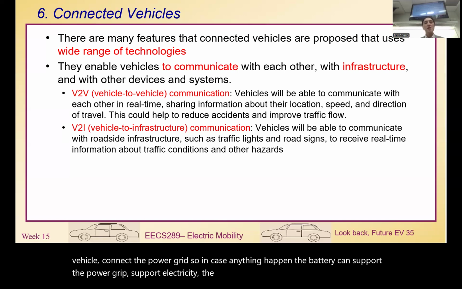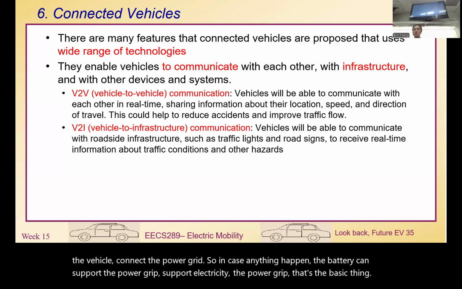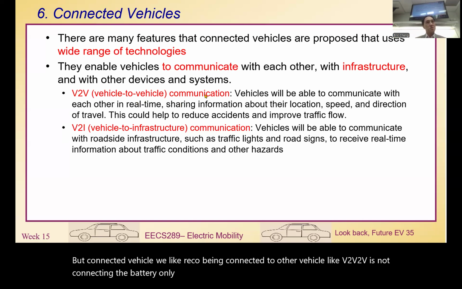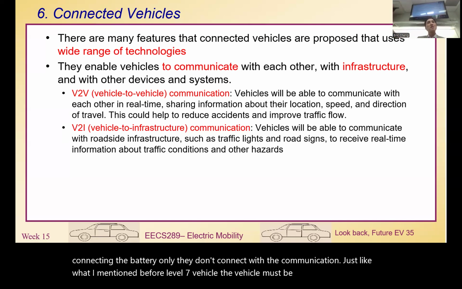That's a basic thing. But for connected vehicle, we like a vehicle being connected to other vehicles, like V2V. V2V is not connecting the battery only. They like to connect with communication. Just like what I mentioned before, for a level 7 vehicle, the vehicle must be connected, so you know all the environment nearby.